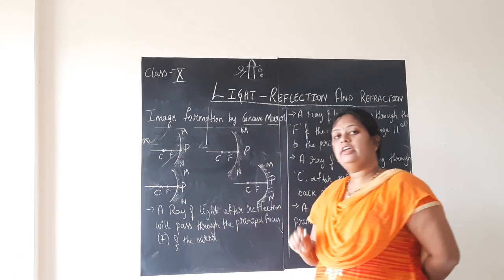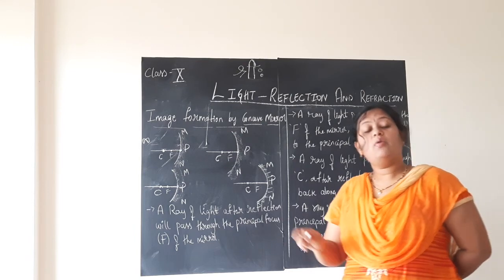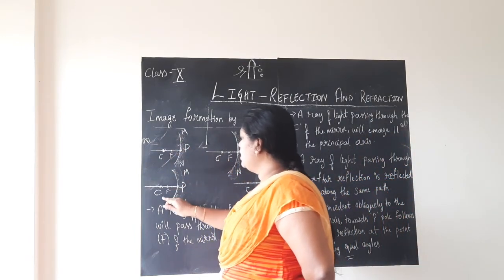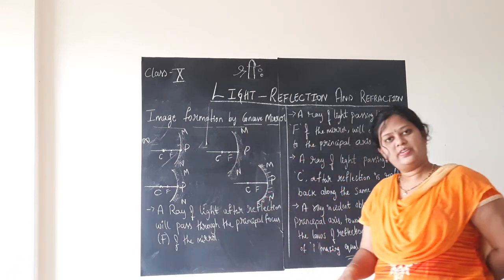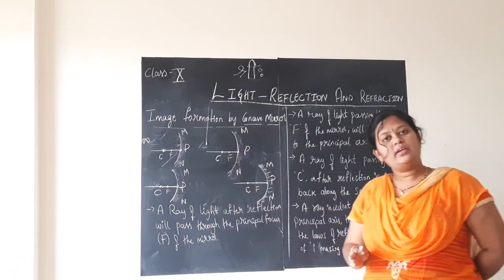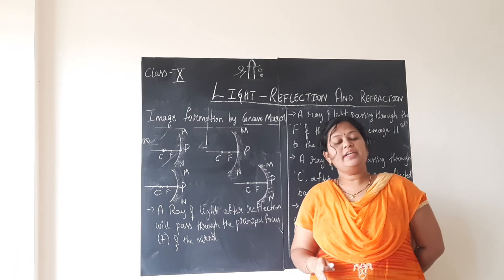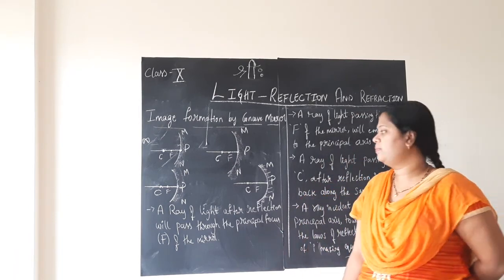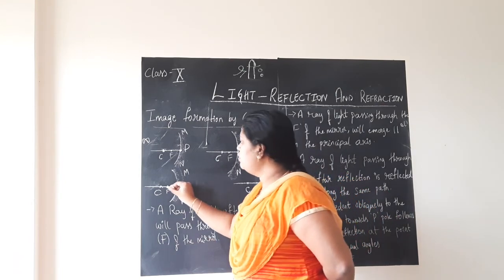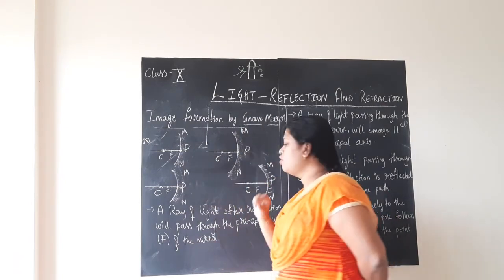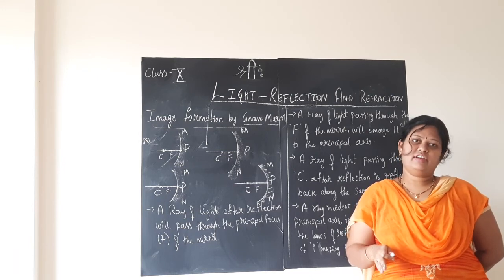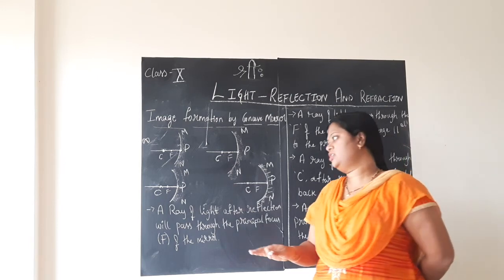Principal focus is the point where the rays of light after reflection will pass through. And it is the point where the image of the object is formed. This is an important thing. And the distance from pole to this principal focus is called the focal length, represented by letter F. These are the few things we discussed, children.